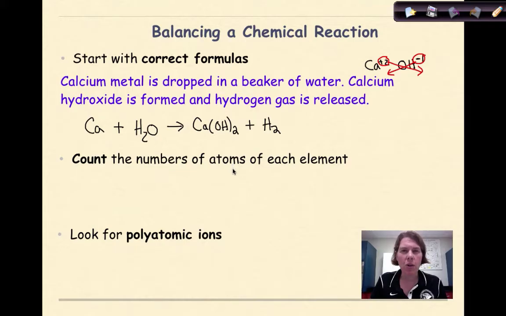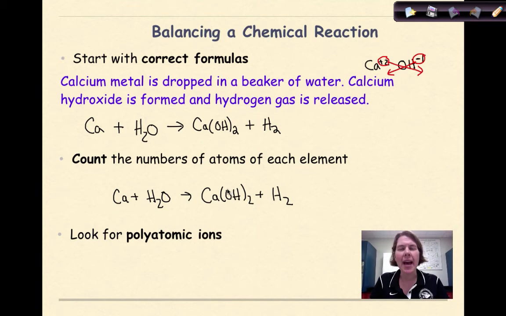The next thing that I'm going to want to do is count the number of atoms of each element. So if I quickly rewrite this, there, I've rewritten it. So now I'm going to go through and count how many of each element I have. And sometimes you need to do this, sometimes you don't. It depends on the actual reaction that you're balancing. So if I look at this, there's one Ca here.